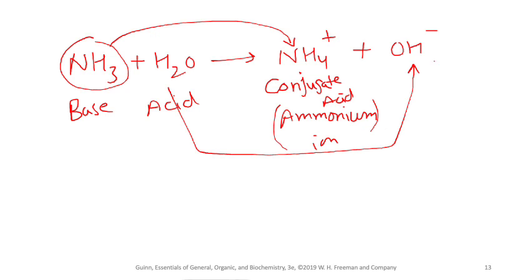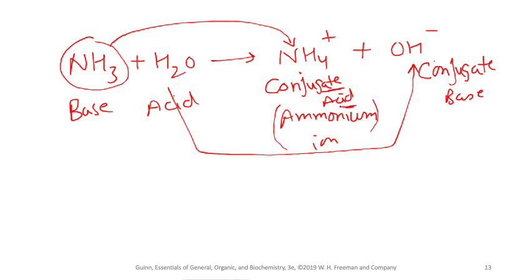So it can take a hydrogen from somebody else to convert back into water. According to the concept of Bronsted and Lowry, OH negative ion can act as a conjugate base because it has the ability to take the proton. Whoever takes the proton is a base. The ammonium ion can donate the extra proton that it took from water, so it can act as a conjugate acid.